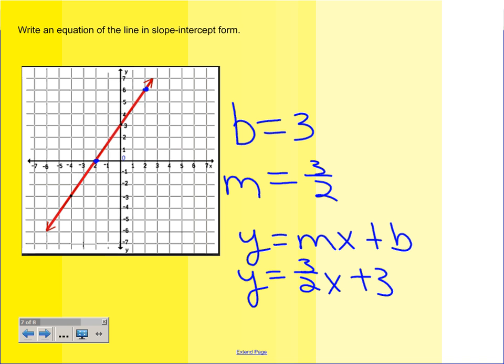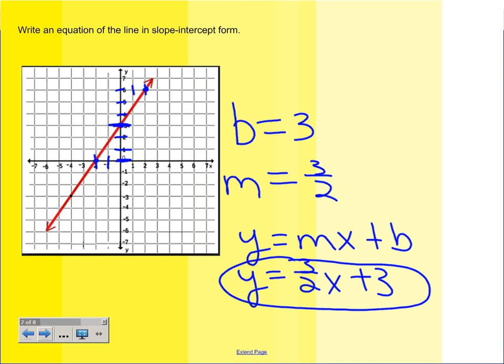I wanted you to notice this is our final answer. Welcome back. Y is equal to 3/2 x plus 3. So when I go to the y-intercept, I notice that I'm at 3, and I rise 1, 2, 3, and I run 1, 2. But let's say just another thing for when you were graphing, if you remember back, here's our y-intercept. I could also go down 1, 2, 3, because remember rising is up or down, and then left 2.